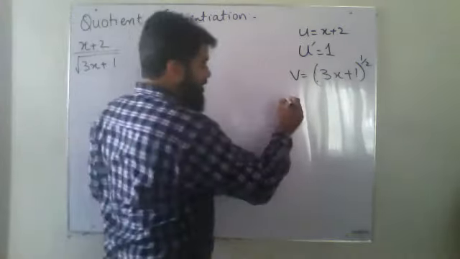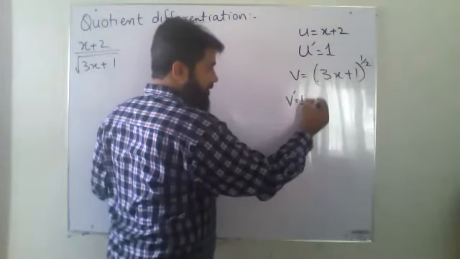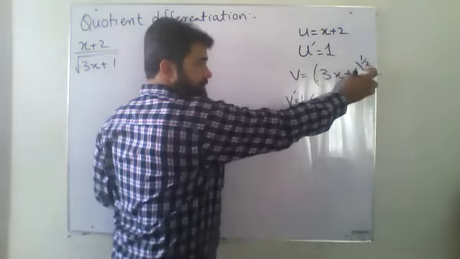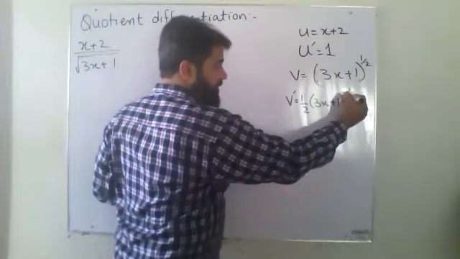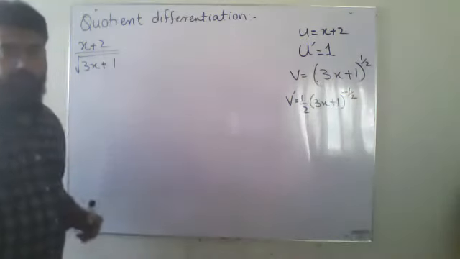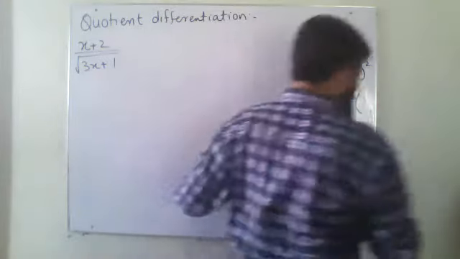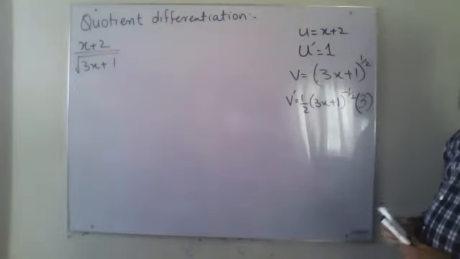After this, v differential will be what? First of all, half 3x plus 1. First I am differentiating the whole power. Half minus 1 will become minus half. After this, differentiation of this thing will become 3.